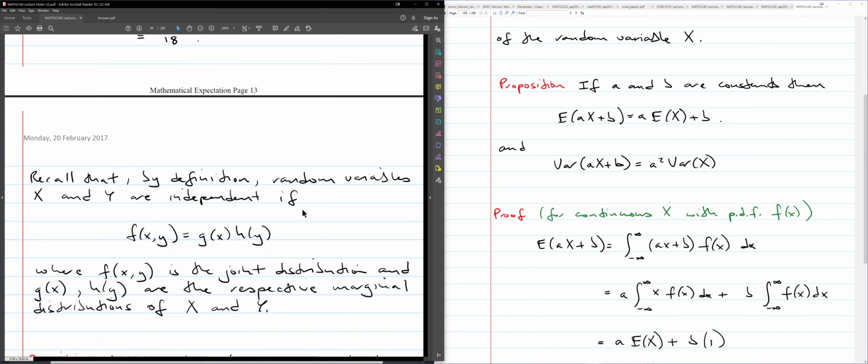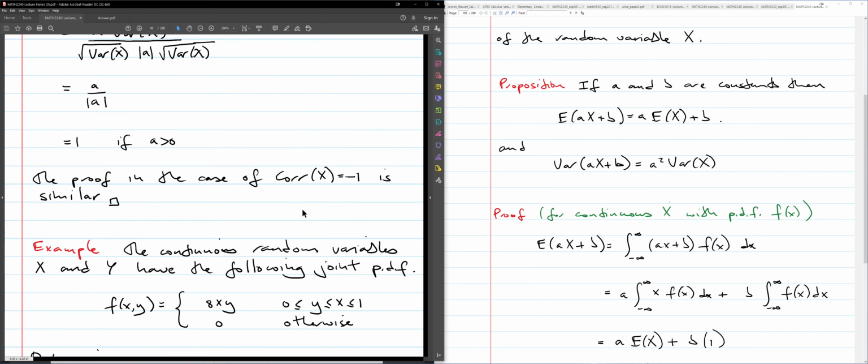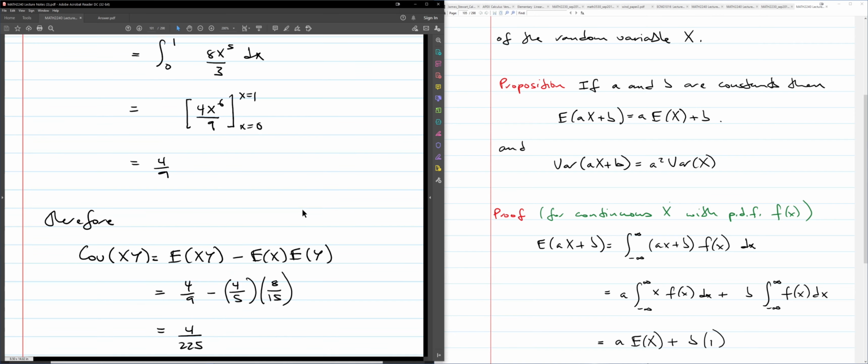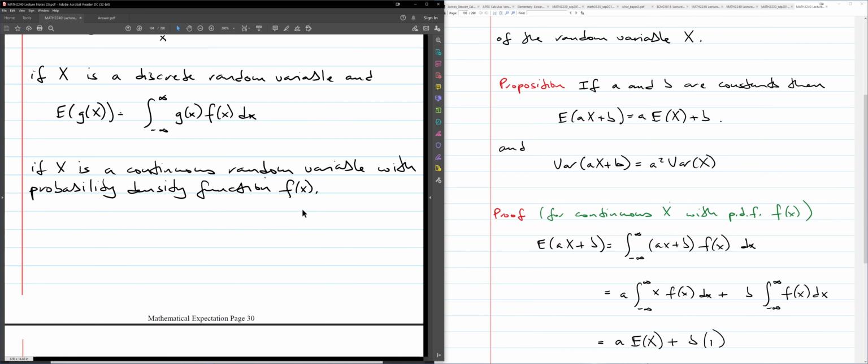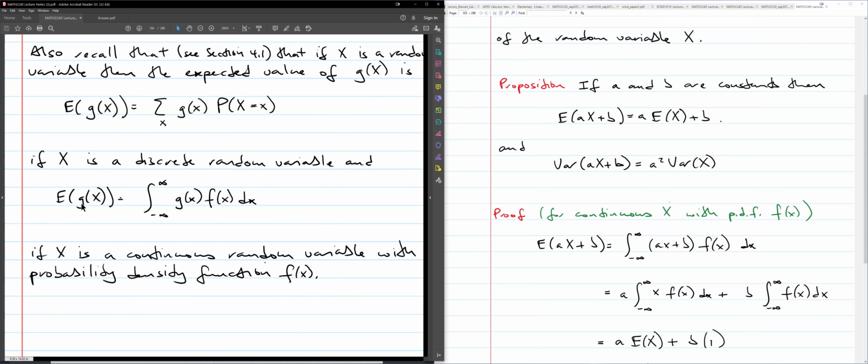If we want to get the expected value of a function of a random variable, this is the formula that we're going to use. Now, in this case, g of x is aX plus b. So for the expected value of aX plus b, I'll put the aX plus b inside here.